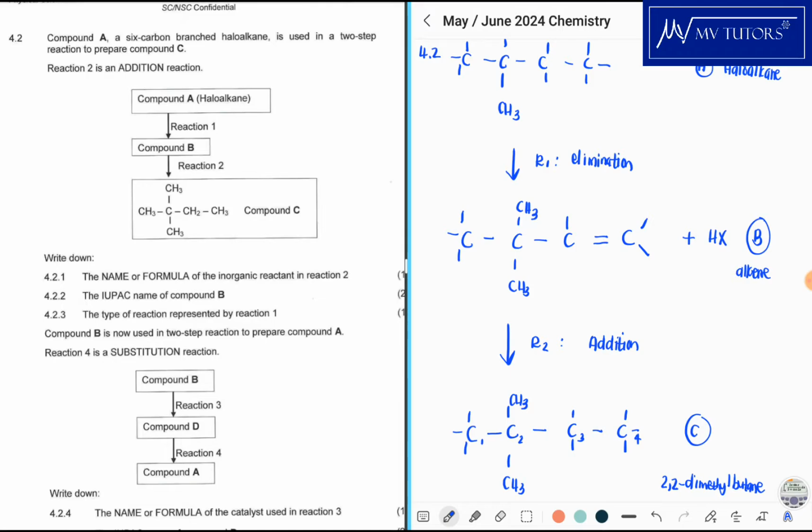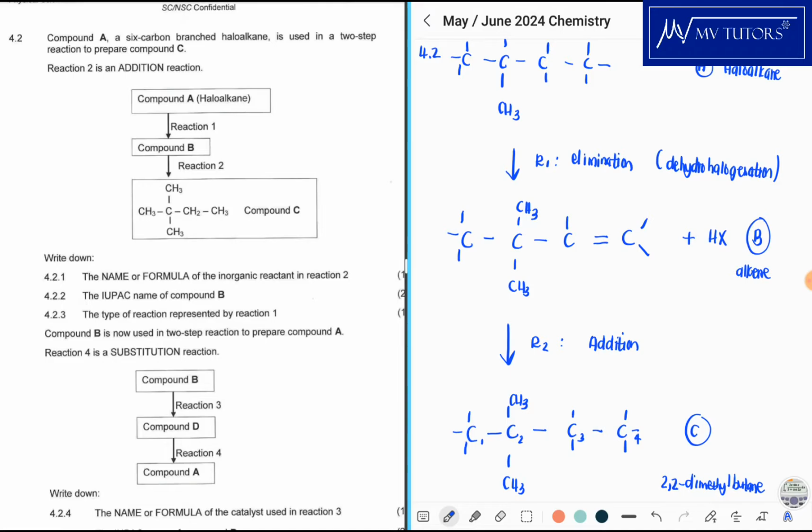What alkene is it? I'm not going to bother with the names for now, but that's compound B, okay. So this elimination, we took out HX, so it's a halogenation. No, dehydrohalogenation. We've taken away HX. Dehydrohalogenation.